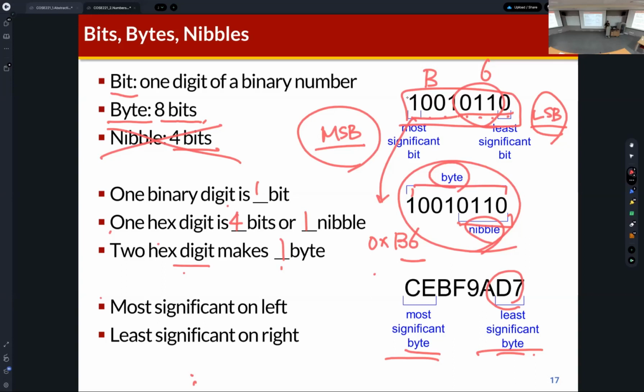We frequently use MSB for the most significant bit and LSB for the least significant bit.